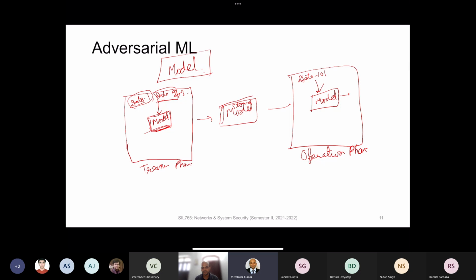So now this model is put in your system, and now it is actually monitoring the traffic in real time, creating those data points, feeding it to the model, and identifying whether this is an anomalous activity or not. Okay, so this is the operation phase, and now we have a training phase.